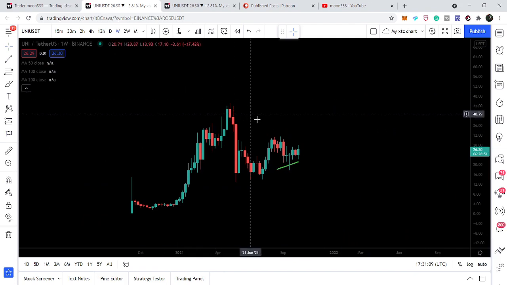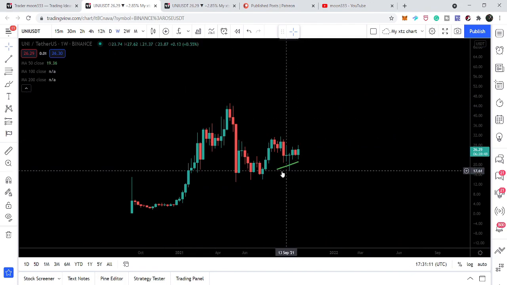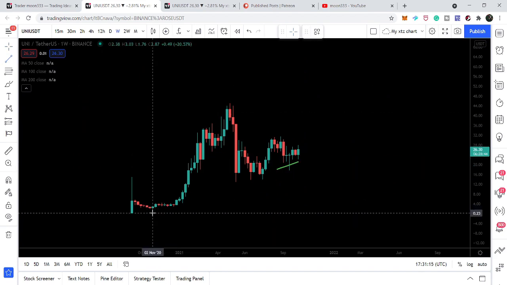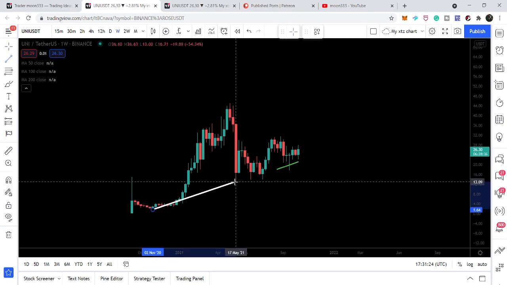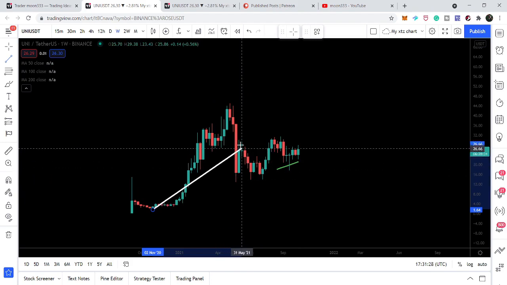After this bullish reversal, we can observe that the price line has also found an uptrend line support. This is really very strong support. You can see the price line found this support here on 2nd of November on the weekly time frame, and whenever the price line is dropping to this support, it is having nice bounces to the upside.